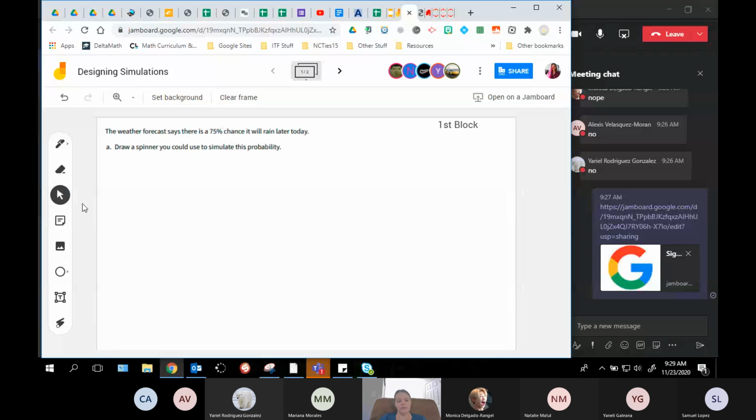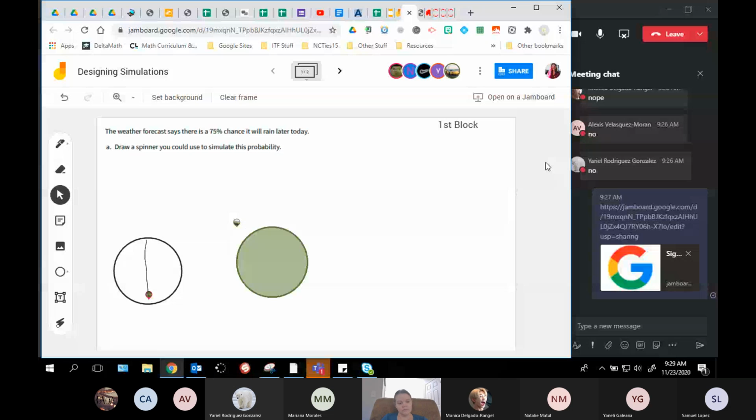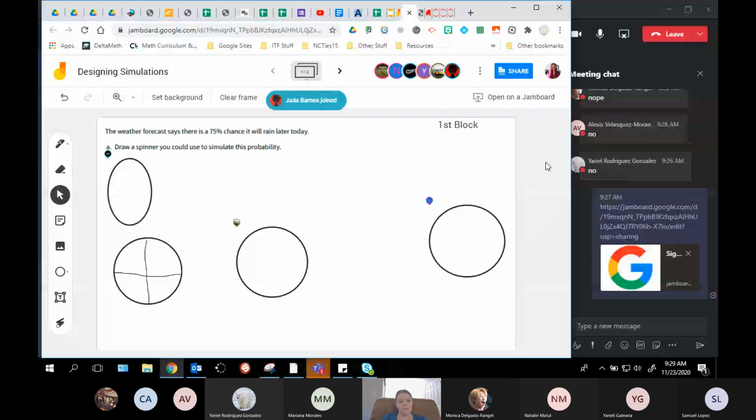So use the tools on the side to create a spinner that shows this probability. And remember to label so I know whose is whose.